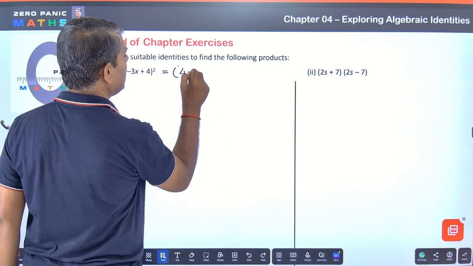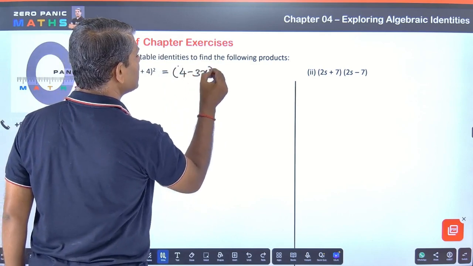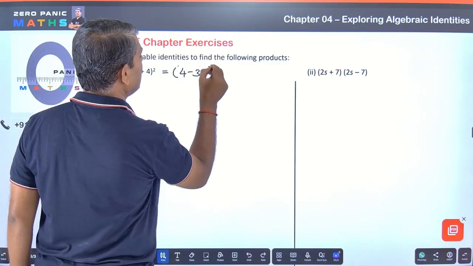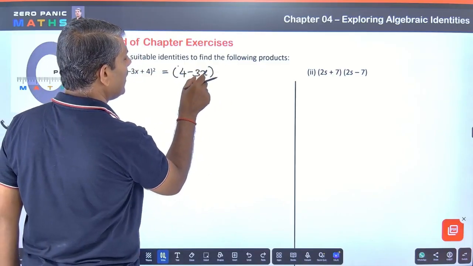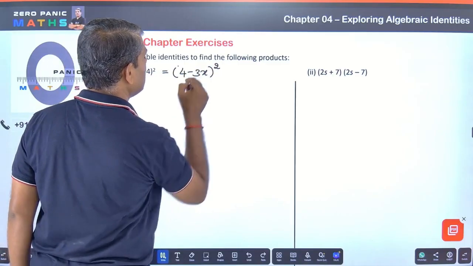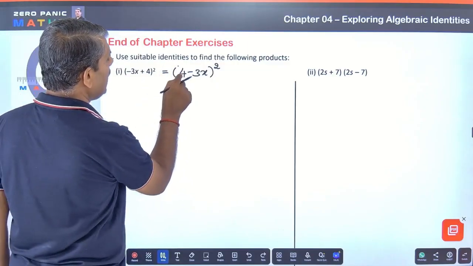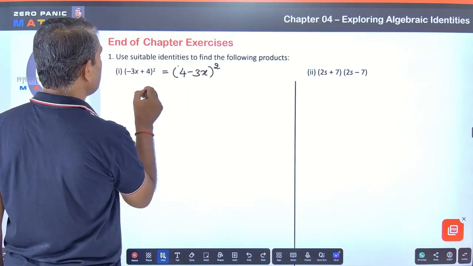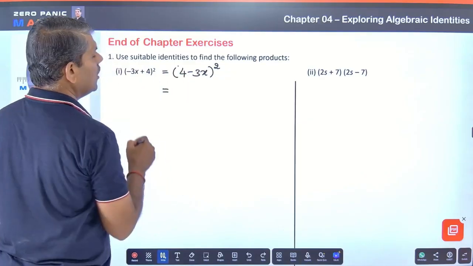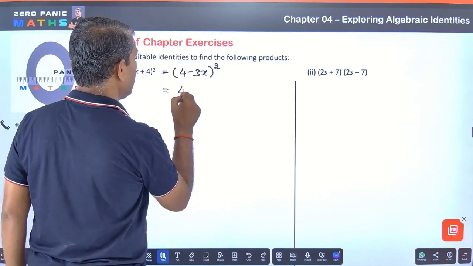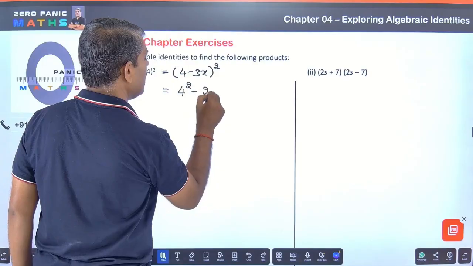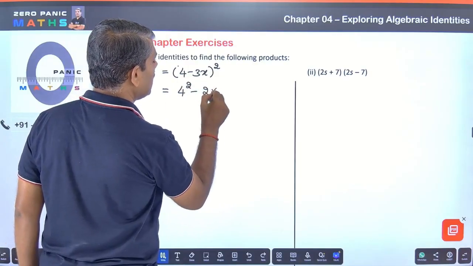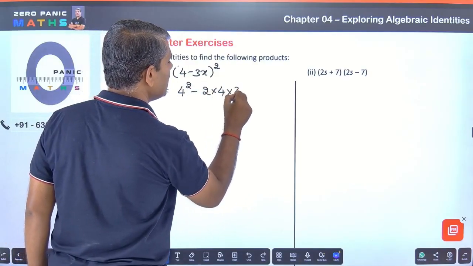Okay, writing minus 3x to the right side will make 3x as b. So it is now a minus b, where a is 4 and b is 3x. And what is the formula for a minus b whole square? It is a square minus 2ab plus b square, where a is 4 and b is 3x.